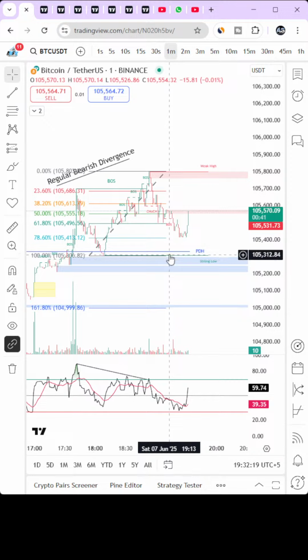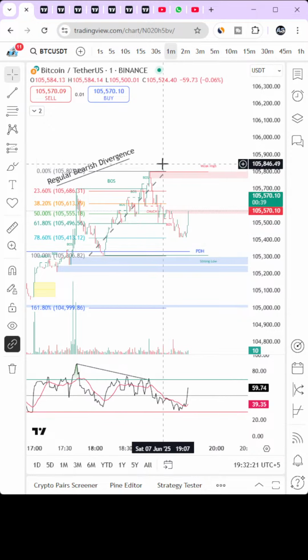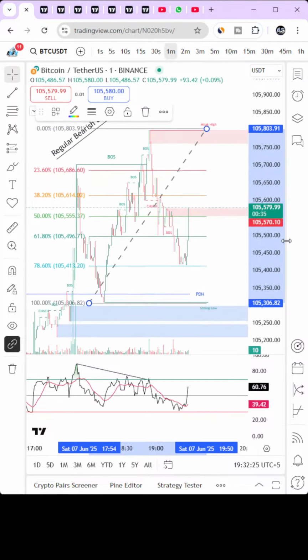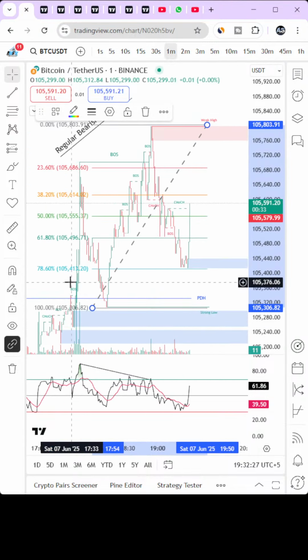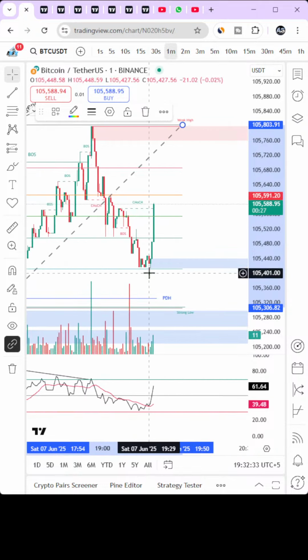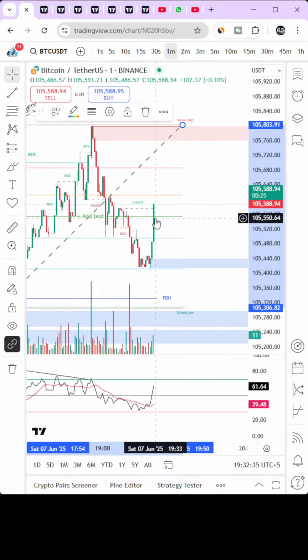Now I'm showing you here. Now you can see clearly the market is returning back from the 78% level, and it has given huge bullish candles.